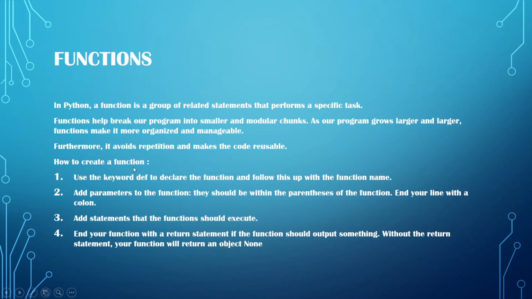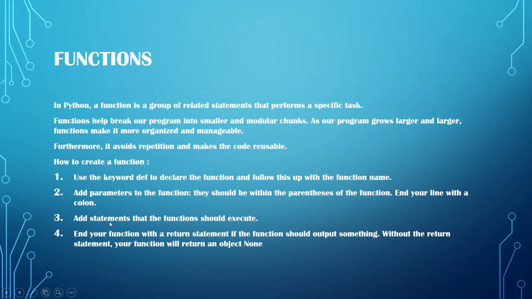How to create a function? There are 4 passages. Use the keyword def to declare the function and follow this up with the function name. Add parameters to the function. They should be within the parentheses of the function, and we have to end our line with a colon.